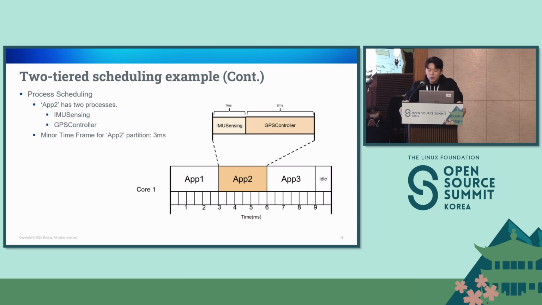Since IMU data processing has a higher priority, it executes before GPS data processing. Additionally, each process runs for a fixed duration to ensure a fixed period. If the rate monotonic scheduling policy was not applied, the IMU sensing process finishing earlier or later could affect the GPS process's period.